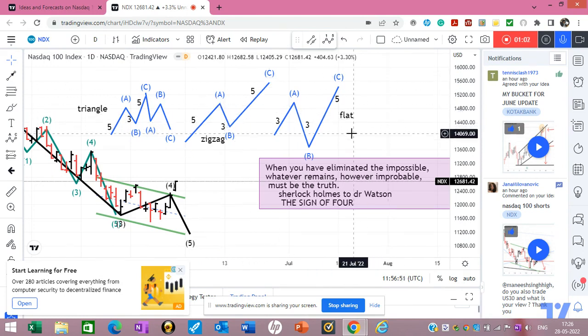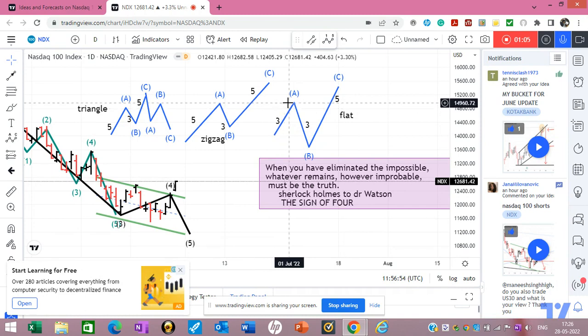The third kind of correction is a flat correction, where you have three waves move up, three waves move down, and five waves. These are the only three possible corrections which happen in a stock market or any financial market, whether it is a commodity market or a crypto market. There's nothing else.